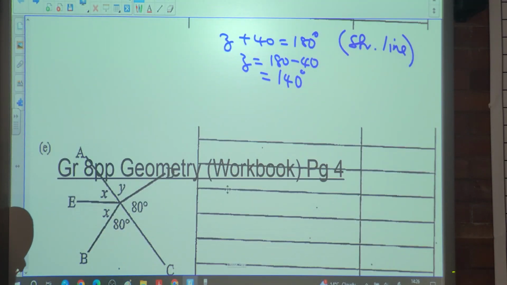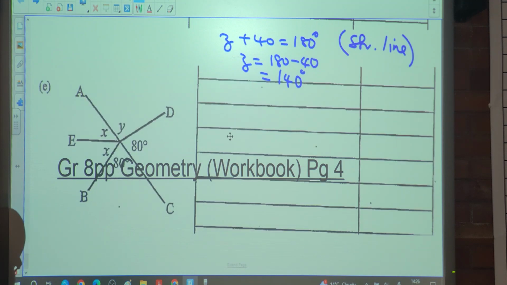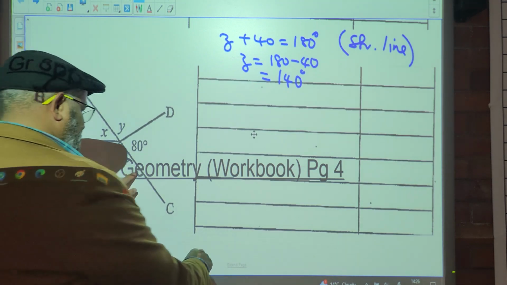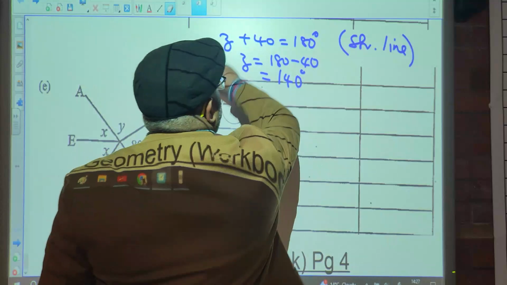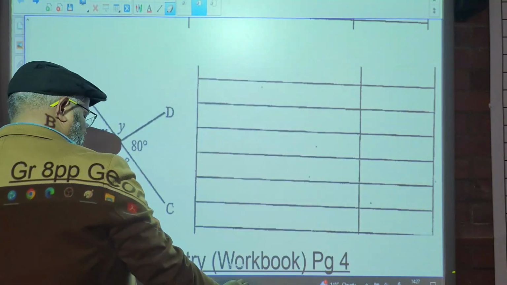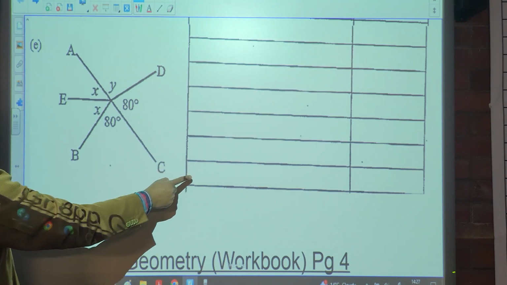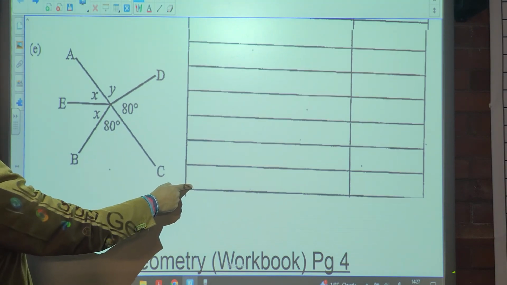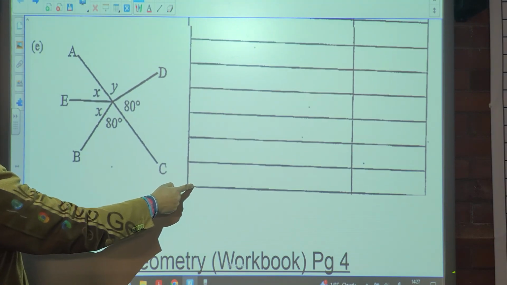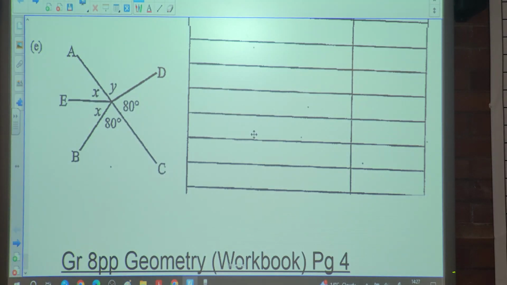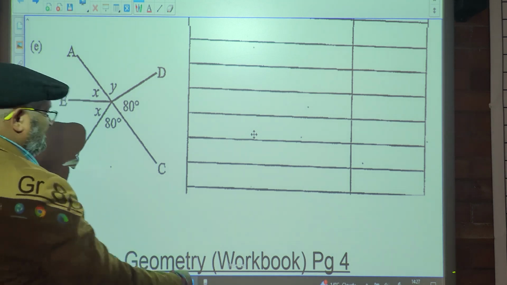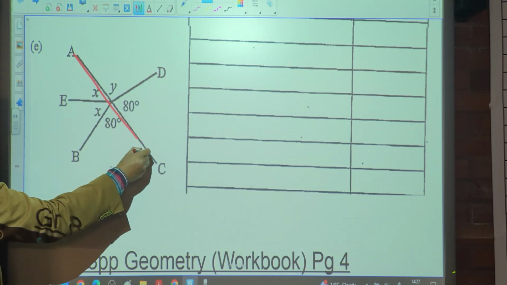E. Go with E. Okay. E. I'm going to calculate x. Angles on a straight line. There's a straight line for those of you who can't see.